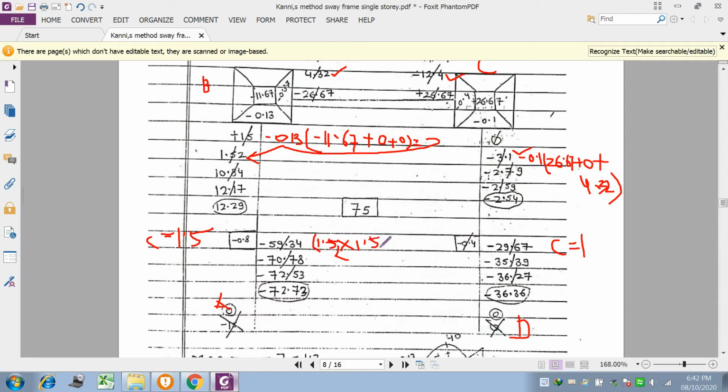Then minus 3.1 into 1, since the C value was 1, then plus 75, the moment you have this 75 you plus it, then the whole multiplied by minus 0.8.